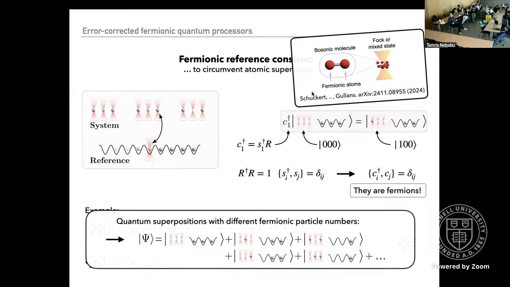So I guess the utility of error correction in this, because I'm not familiar with thinking about this fermionic case, is not obvious to me. Right, so when you do the simulation, you're trying to calculate the energy of some nitrogen fixation molecule.